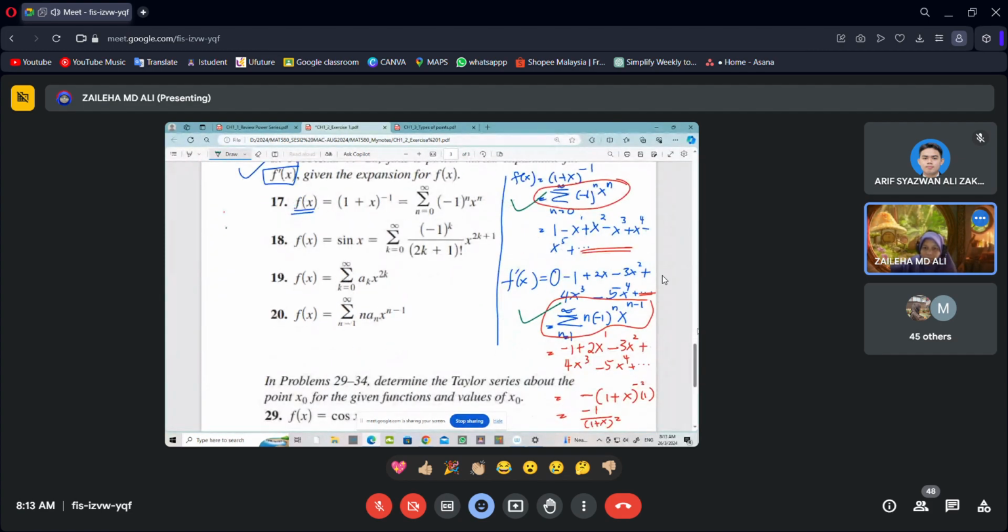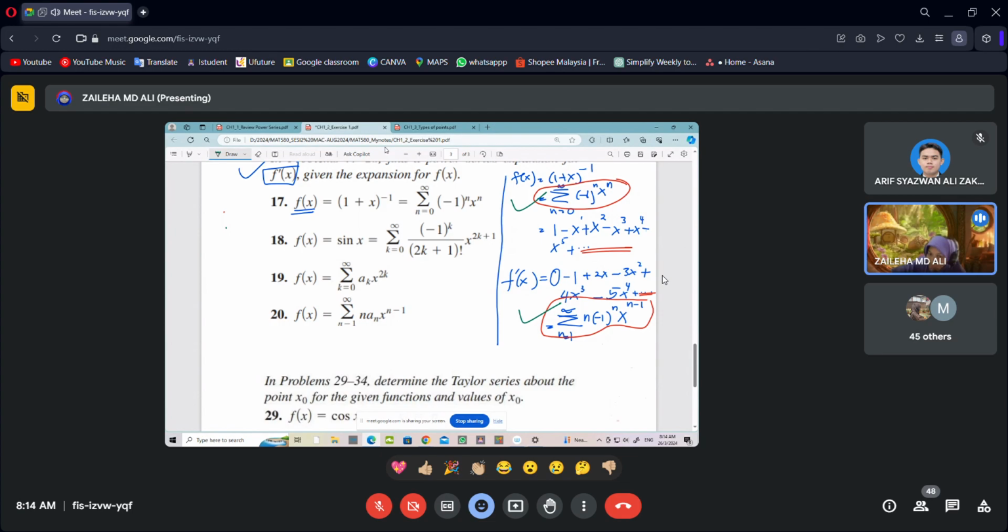So actually there is no need to do this one. It is enough to write it like this as the answer. It is enough to write: this is the function in inverse polynomial, this will be the series. When I expand it, I get an infinite polynomial.